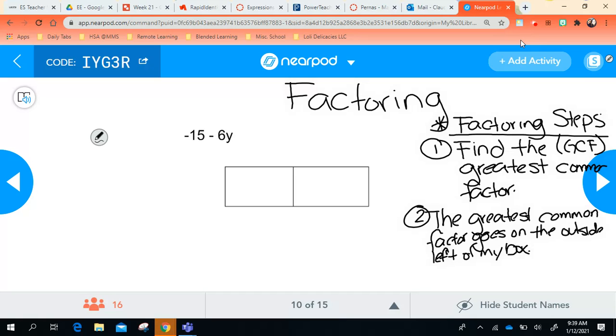Now, more specifically, and I'm writing that down because sometimes I've seen that people get confused. So we said my greatest common factor was what? 3. So I'm going to put 3 right here.